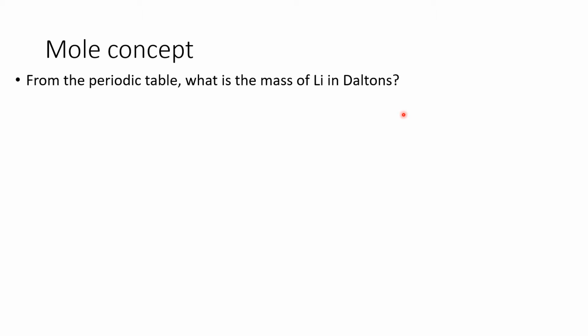So from the periodic table, what's the mass of lithium in Daltons? Looking at my periodic table, I see 6.941 Daltons is, on average, the mass of a single lithium atom.